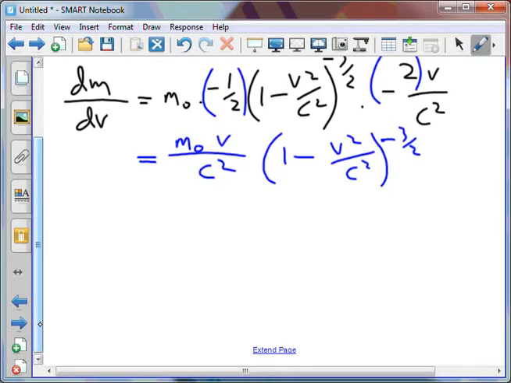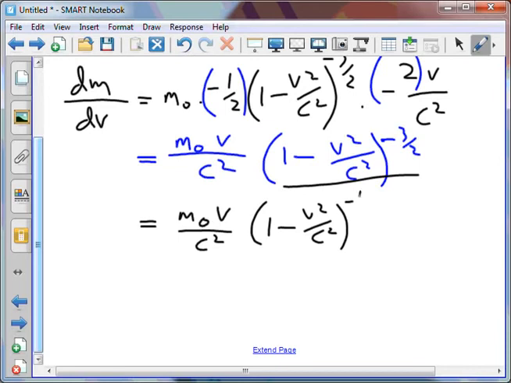However, I could expand this out so that it looks like this. 1 minus v²/c², negative a half, multiplied by 1 minus v²/c², negative 1.